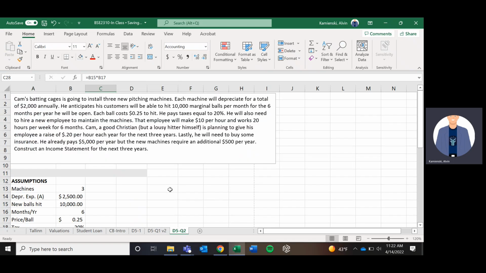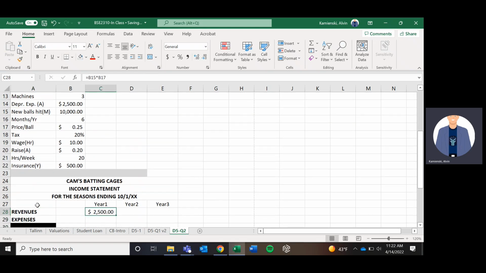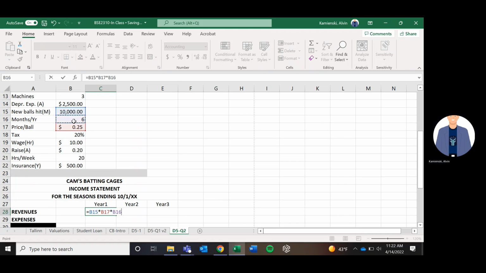If we look back up here in the problem, each ball costs 25 cents to be able to hit 10,000 marginal balls every month. So let's just qualify this in here so that we know it's not just $2,500 for the year. It's actually $2,500 per month, every month for the 6 months that he's open.